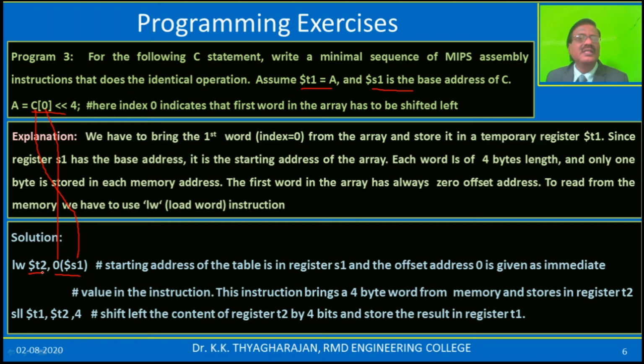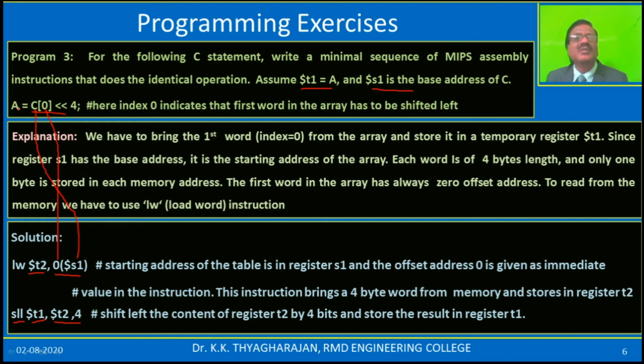Now, this T2 should be shifted left by 4 bits. So you use shift left logical, and here $T1 comma $T2 comma 4. That means $T2, that is this word taken from the array, will be shifted left by 4 bits, and the result will be stored in T1.